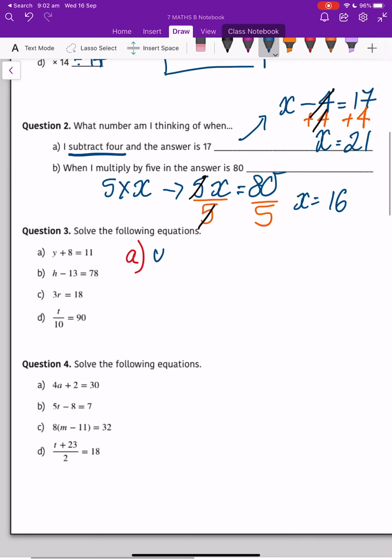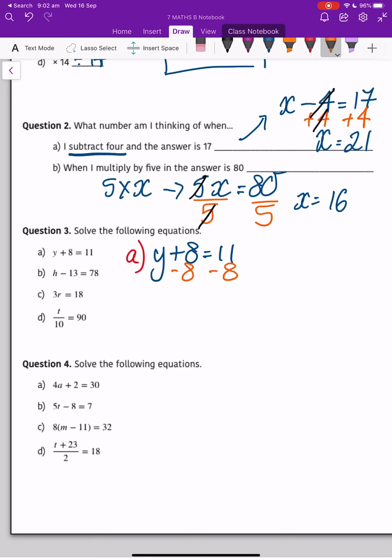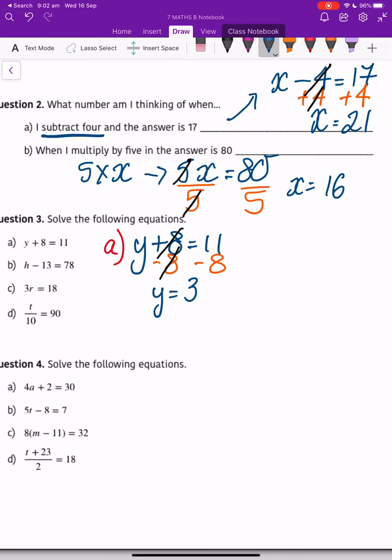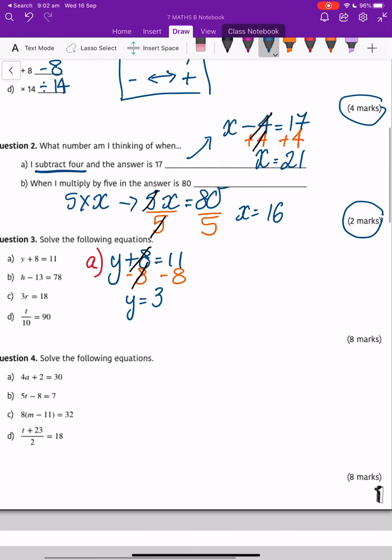So we're going to write out our equation in full. Y plus 8 equals 11. In order to get that y by itself, I need to subtract 8 from both sides, okay, because that is the opposite operation. Y equals, then I go 11, take away 8, that equals 3. So that's your final answer, okay?